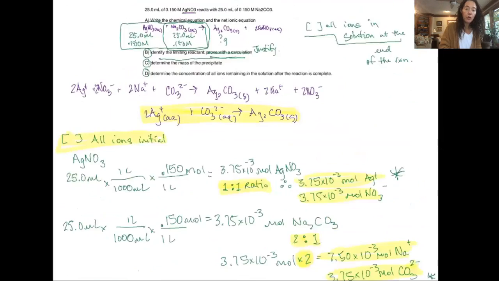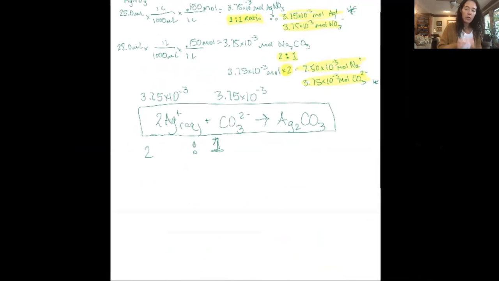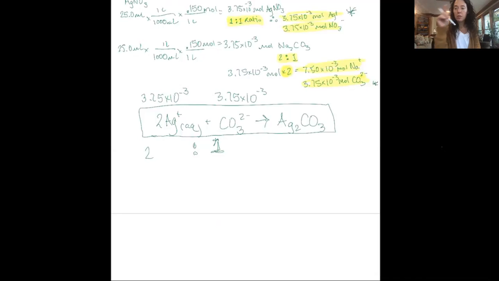Most students prefer the calculation that they were taught in general chem, where they go from reactant to product. They compare the smallest answer, whichever reactant produced the smallest answer. They identify that as their limiting reactant. It takes longer, but it's tried and true. Students do it, love it, don't make mistakes. It's cool. But I'm just going to give you a quicker way.